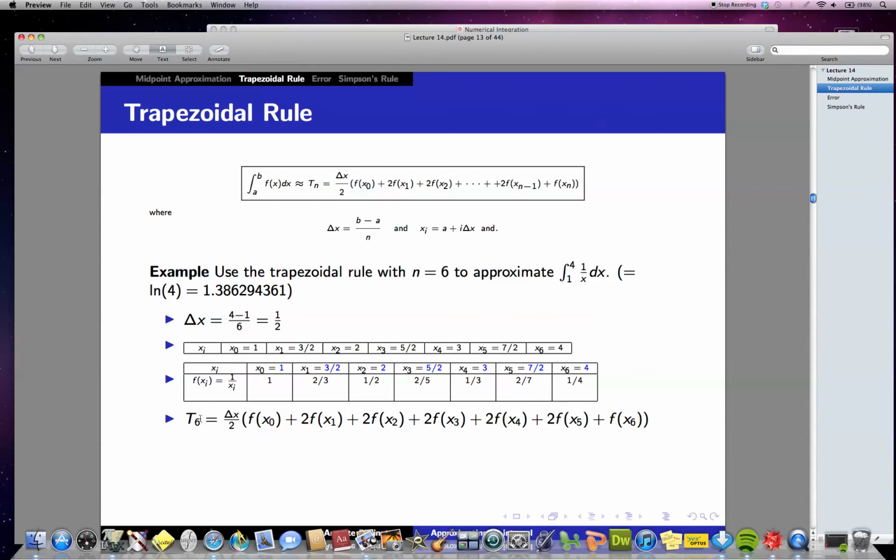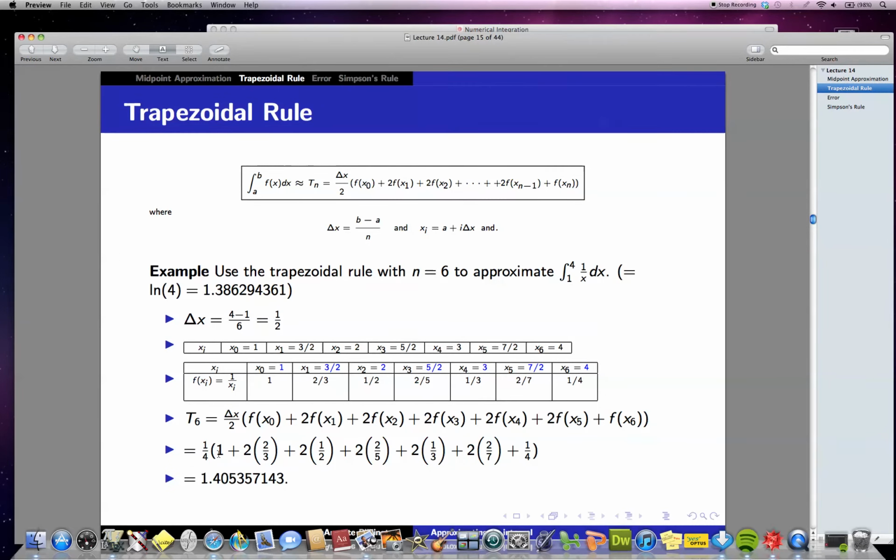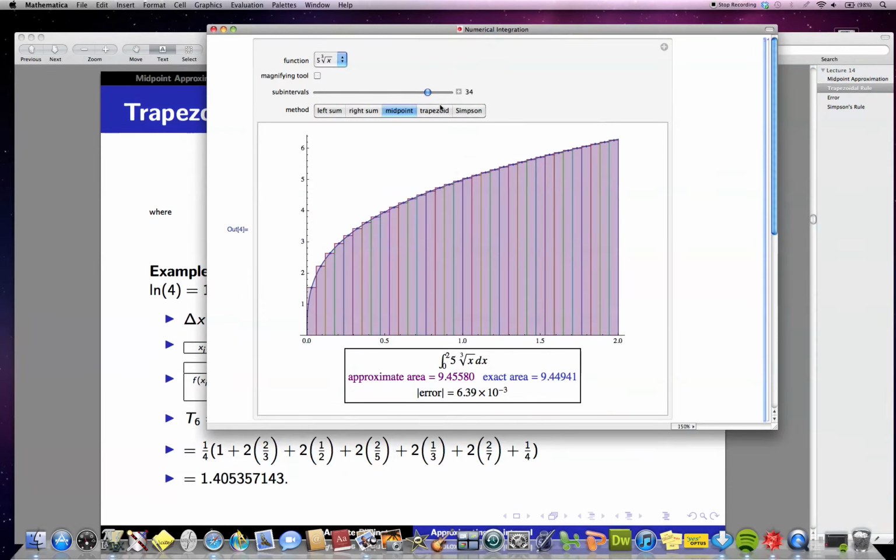T6, the trapezoidal approximation to the integral from 1 to 4 of 1 over x dx with 6 approximating trapezoids, is delta x over 2 times f(x0), which is 1, plus 2 times f(x1), which is 2 times 2/3, etc. Fill in the details, and we find it's 1.405357143.